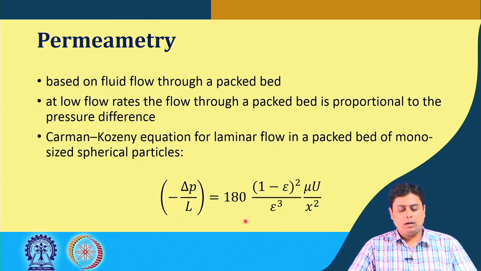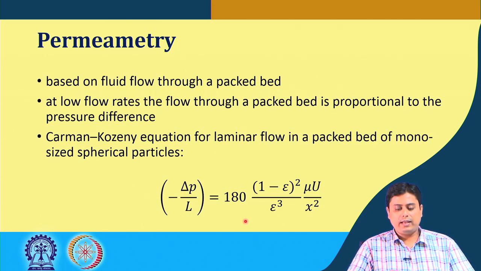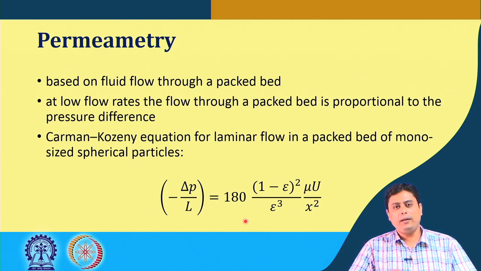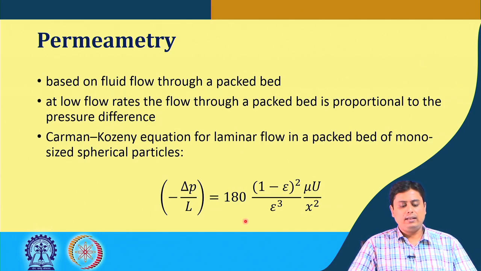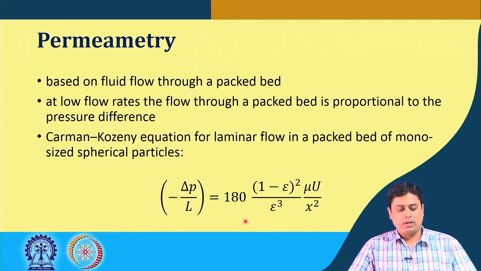Typically, spherical particles are used in the packed bed to simplify the calculation, but if the particles are of random size and shape, that also can be determined. We can determine its mean diameter or mean size by this technique.